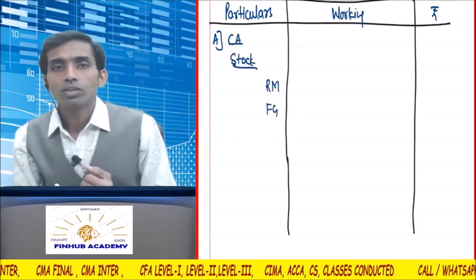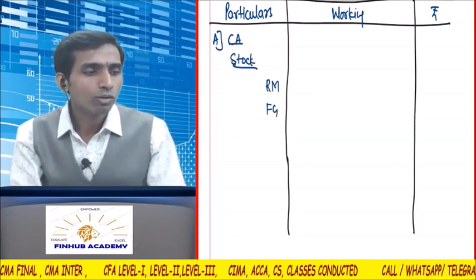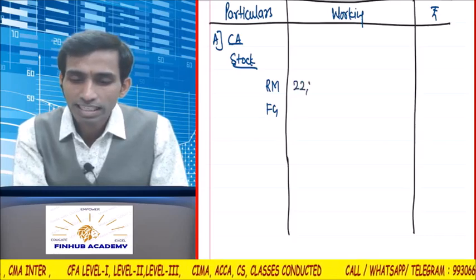Listen. Units is this raw material was how much? 22,50,000. Units is not there. Directly they have given us the figure.